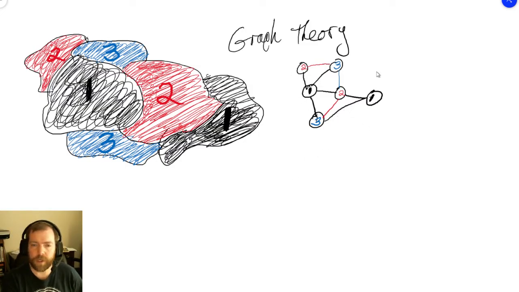And essentially what we look at is just that no two nodes can possibly connect a country 1 to a country 1, or country color 1 to another country color 1.